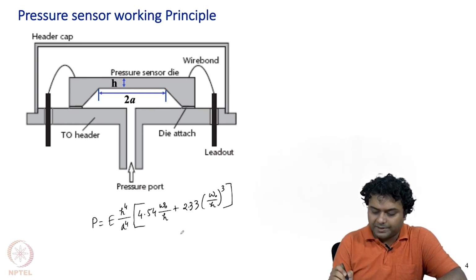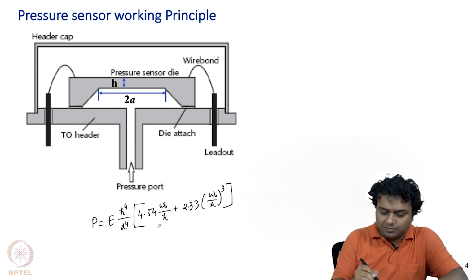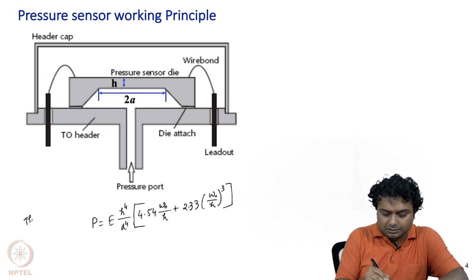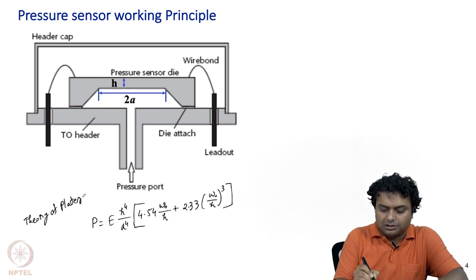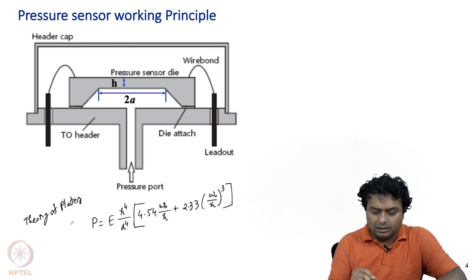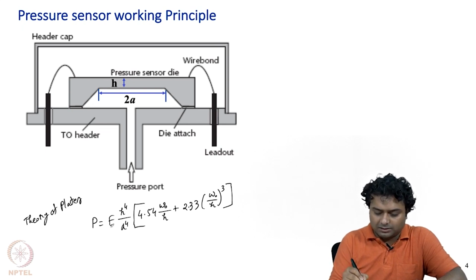This expression comes from the theory of plates, which is not part of this course; it is from a basic mechanics course, and from that we can derive this expression. Now, what is this E? This E is Young's modulus.